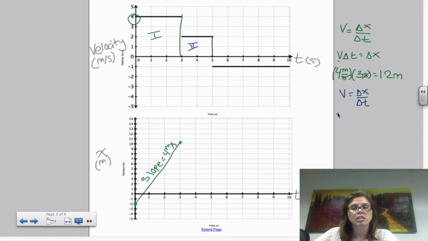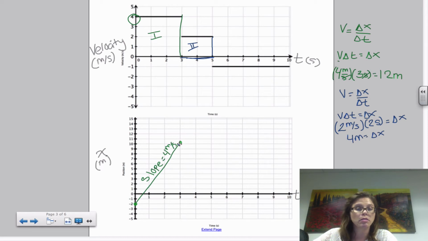Multiply both sides by change in time. Velocity times the change in time is equal to change in x. So the velocity here is 2 meters per second, and we're only going to go this velocity for 2 seconds, 3 to 5 seconds. And this is going to equal our displacement.